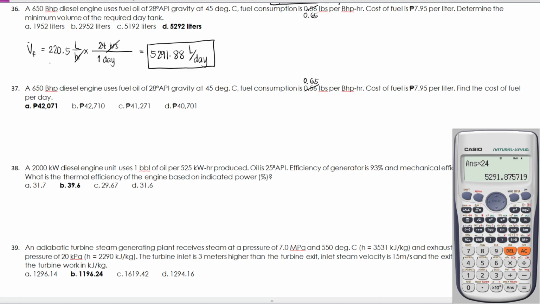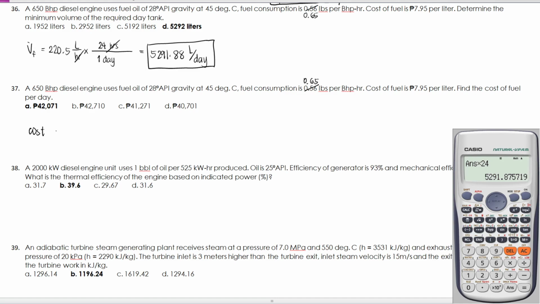So dito meron na tayong given na cost, that is 7.95 per liter. So, ang gagawin na lang natin para makuha natin yung per day, so multiply na lang natin yung cost na given kay problem dun sa volume flow rate na nakuha natin kay problem number 36. Okay, so kumbaga nga continuous yung ating ginawa from problem number 34 kanina hanggang dito kay number 37.